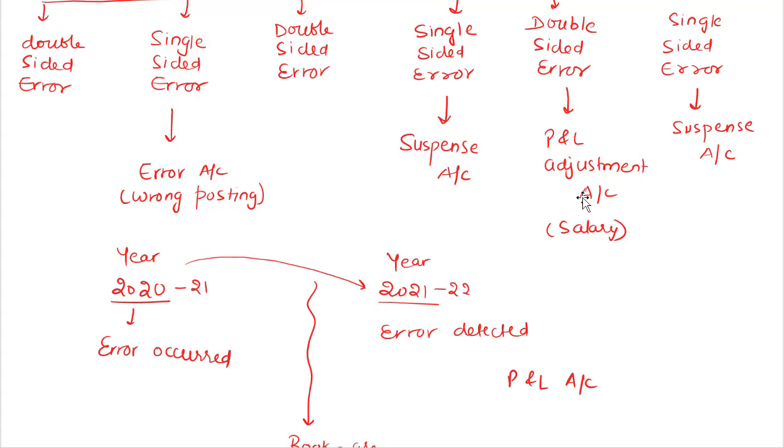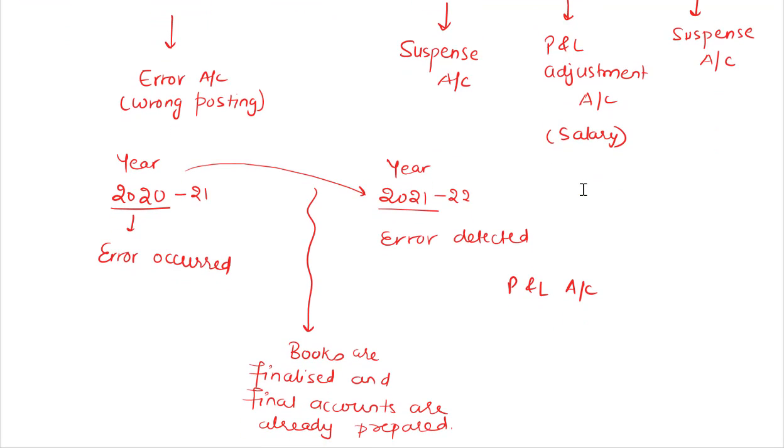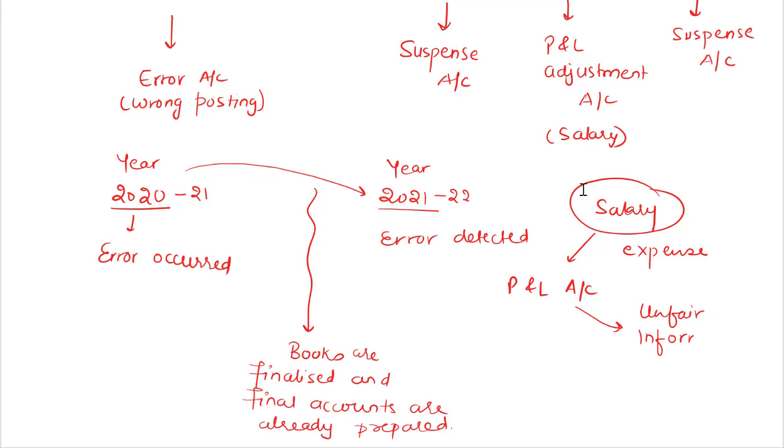Now, if I post this error in salary in the current year, my profit will go down because salary will be treated as an expense in the current year, and this will give unfair, wrong, misleading information to the shareholders.